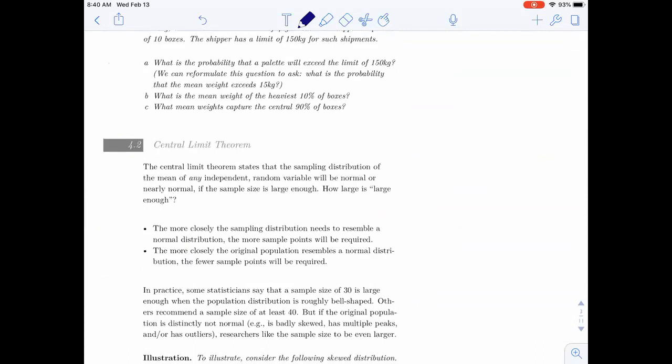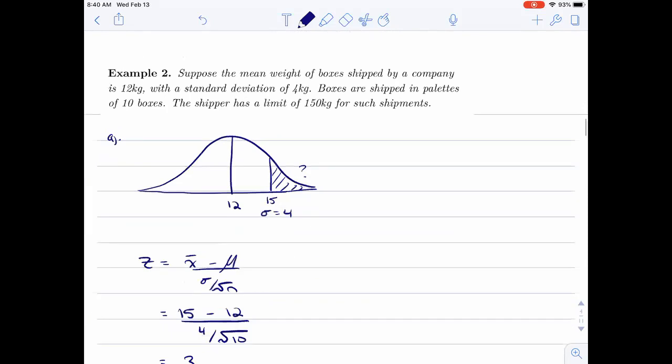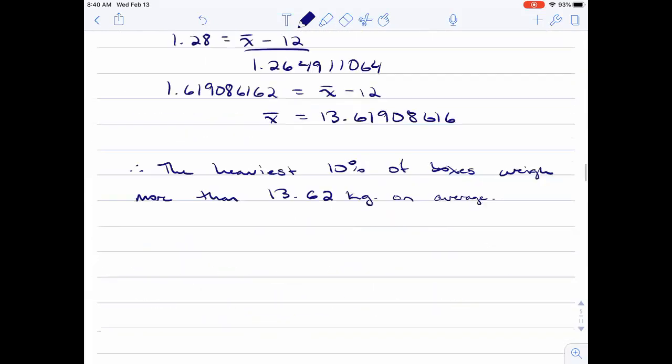C. What mean weights capture the central 90% of boxes? Well, it's all the same, but different. What mean weights capture the central 90% of boxes?